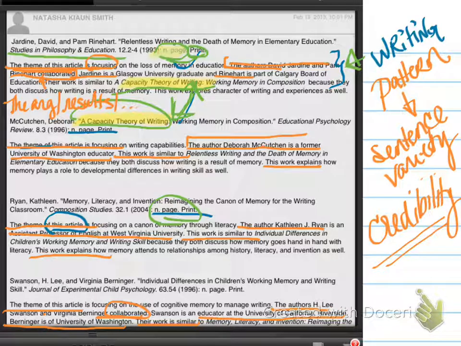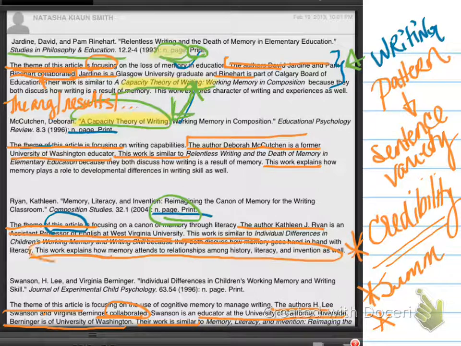What else did we want to know? We wanted the summary. We wanted to know the credibility of the sources, which we got here. We wanted to know how it's relevant to your work. So you did say this work explains how memory attends to the relationship among history. And this is important to you because, why?